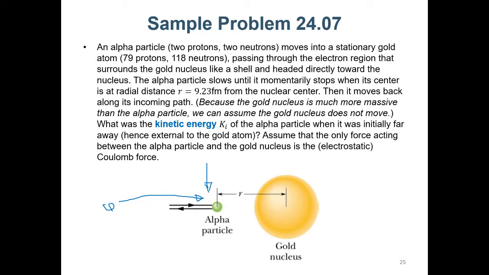It will go back somewhere because it does not have enough kinetic energy to really move close to the gold nucleus, because they have charge. This one has two protons, and this one has 79 protons. So they will repel each other. But as long as it has some kinetic energy to move close to the gold nucleus, then it can move somewhere and then it will go back.